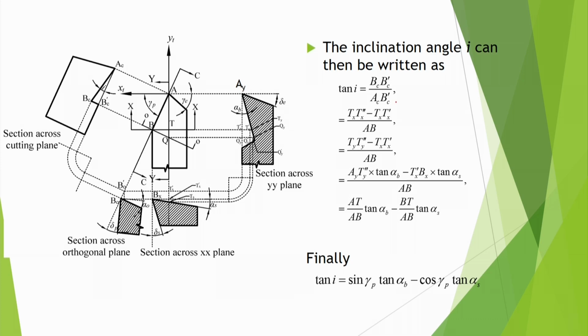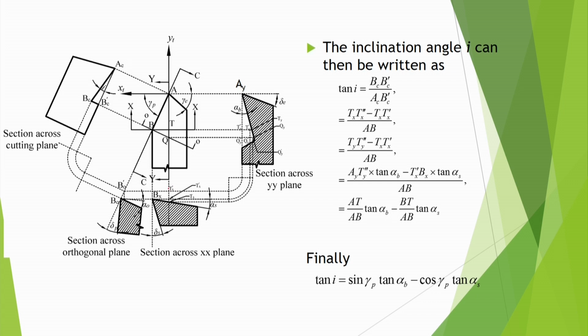AC BC prime is the horizontal distance, which is basically the same as AB in the top view, because AB has been projected. This is AB, and BC prime is showing the height difference. So here, if you have one point Tx, and Tx dash and Tx double dash.